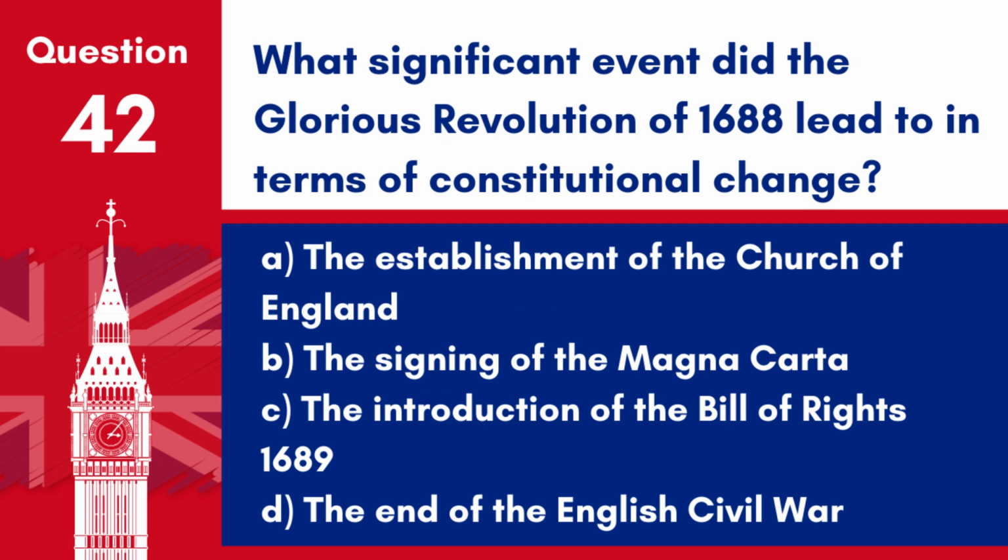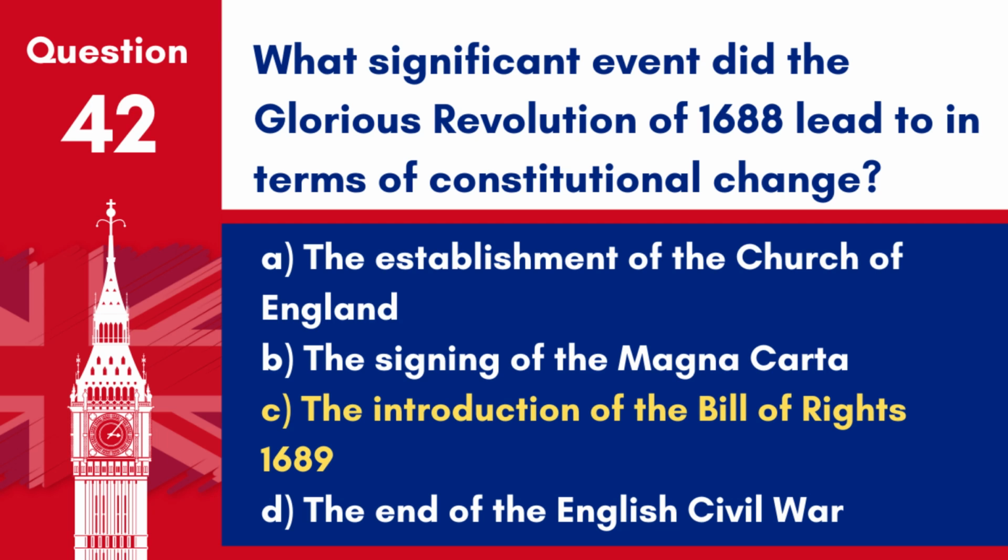Question 42. What significant event did the Glorious Revolution of 1688 lead to in terms of constitutional change? A. The establishment of the Church of England, B. the signing of the Magna Carta, C. the introduction of the Bill of Rights 1689, D. the end of the English Civil War.